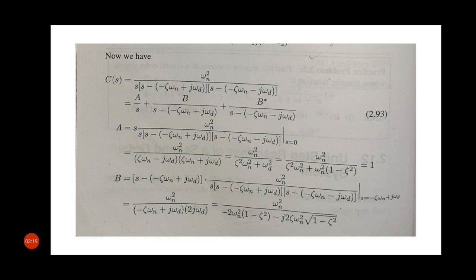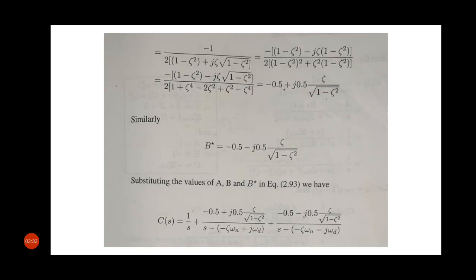After getting the values of A, B and B star, we put them in equation number 2.93. After putting the values of A, B and B star in equation number 2.93, the equation will be this.